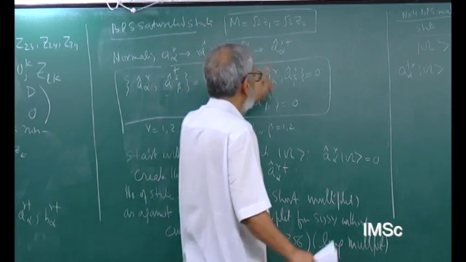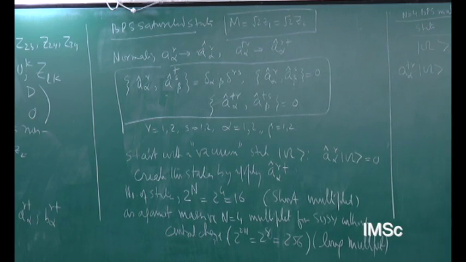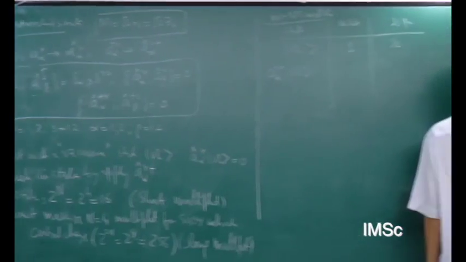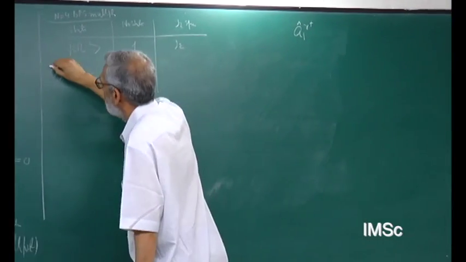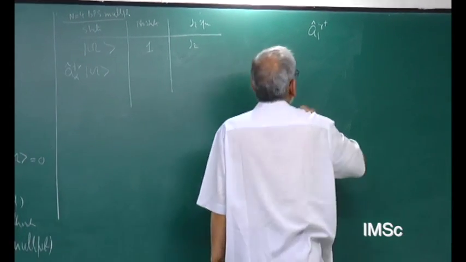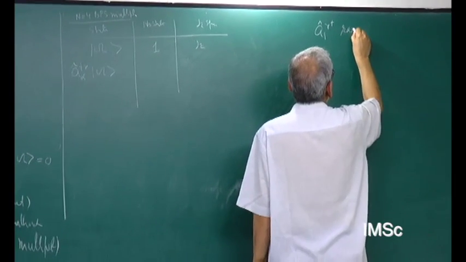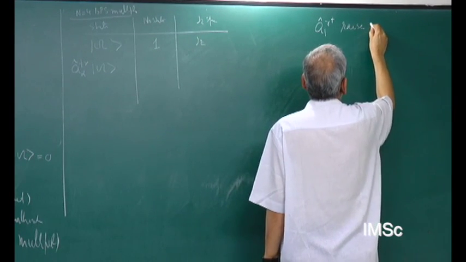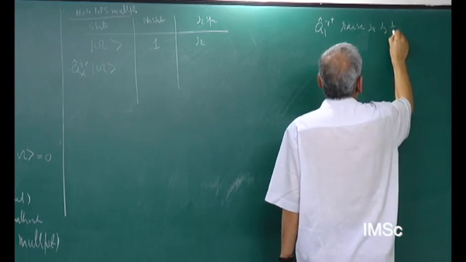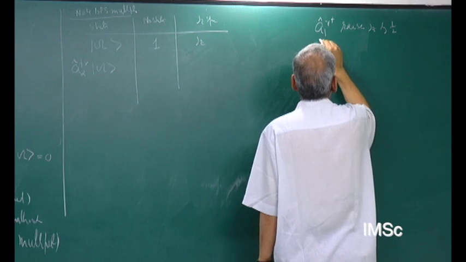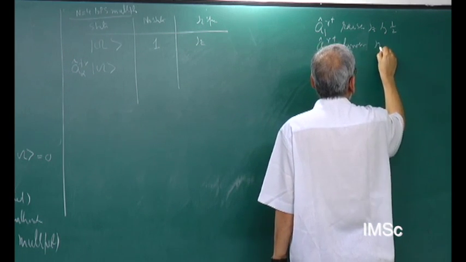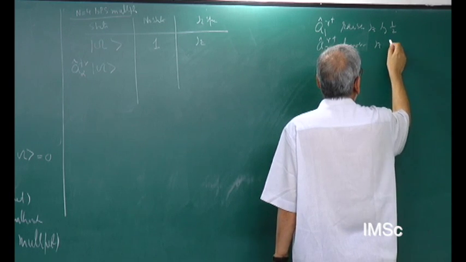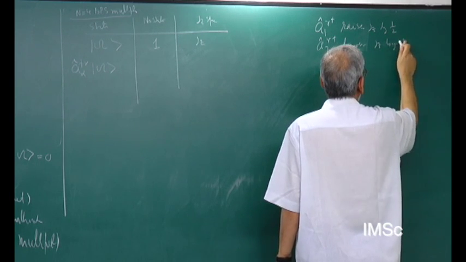A1 R hat dagger raises JZ by half, and A2 R dagger lowers JZ by half.